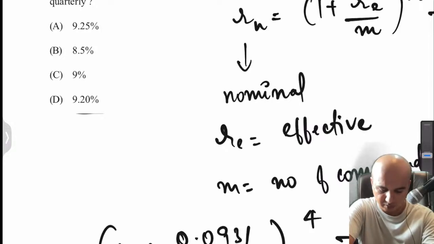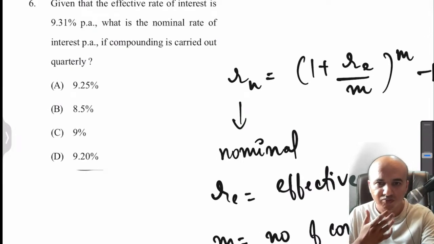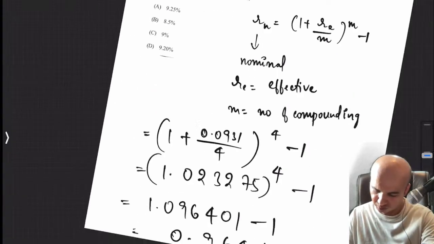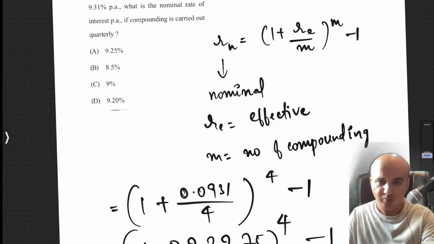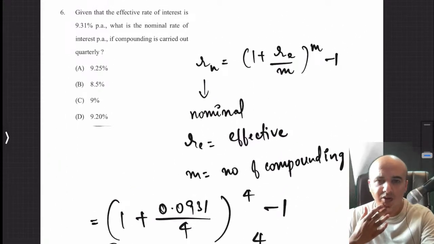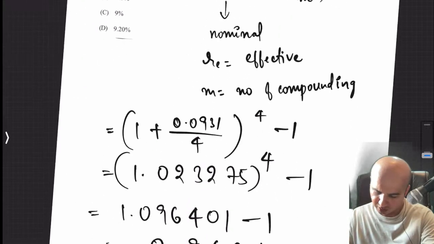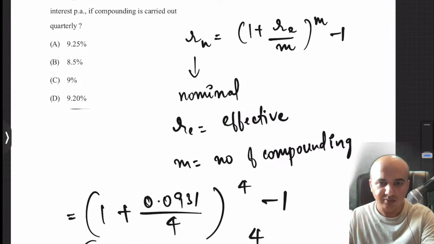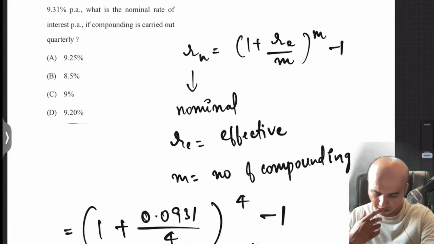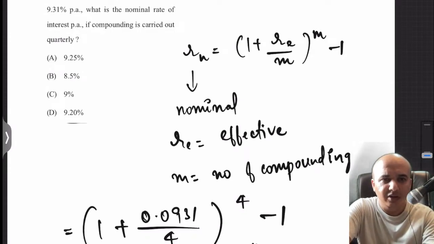Okay. There is no problem in the formula. Formula is correct. Effective rate of interest, whatever we have written down is also correct only.